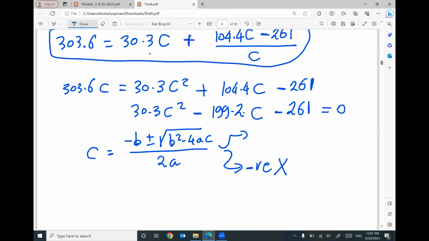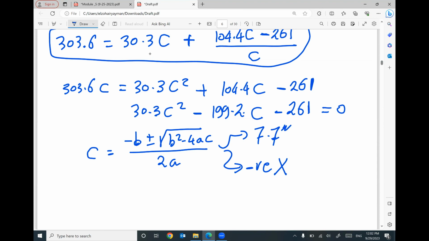Wait. 199.2 square. Yes. Plus, divided by 2 times A. I got 7.7, a little difference.